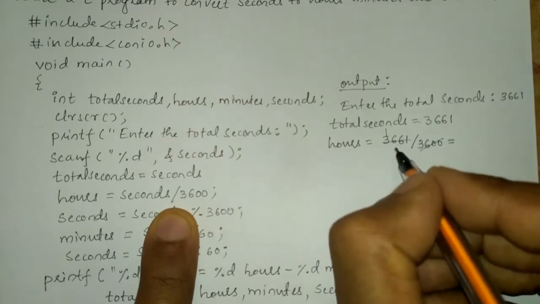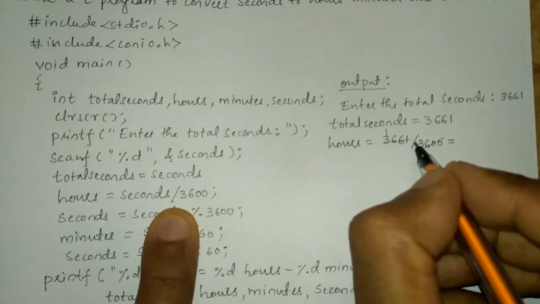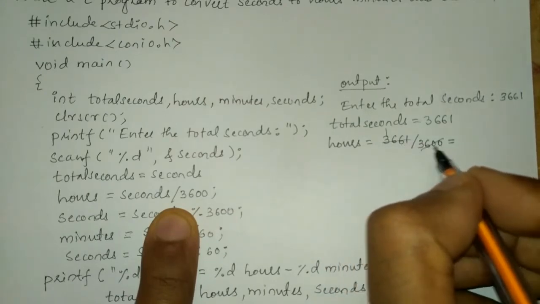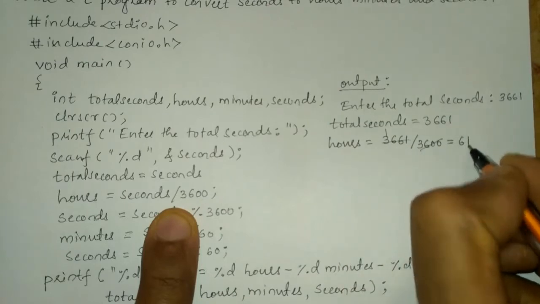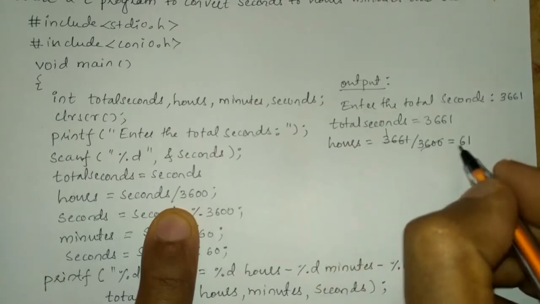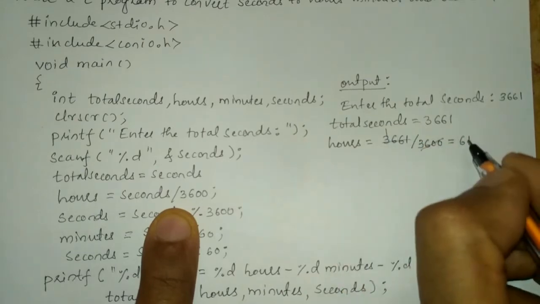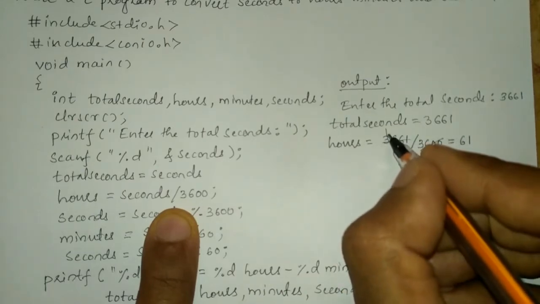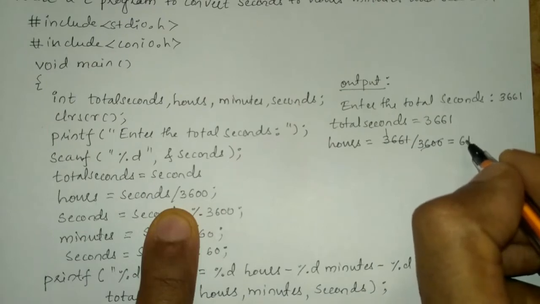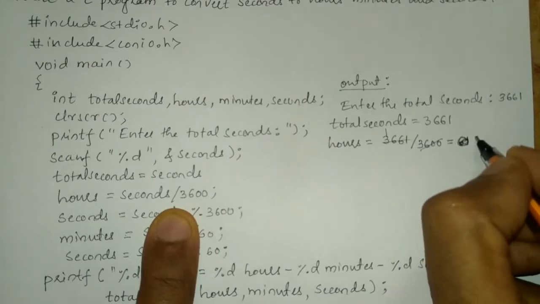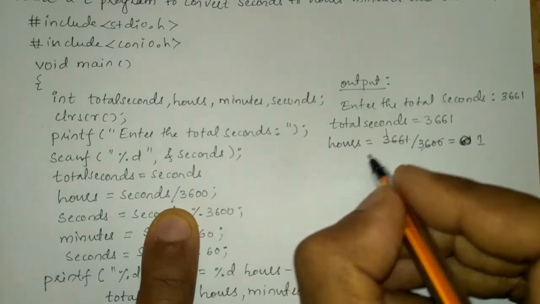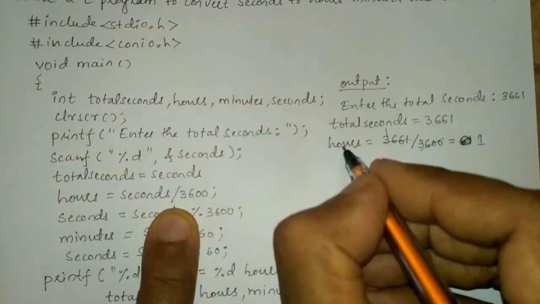So 3661 minus 3600 gives us 61. Correct? So here 61 is the remainder, but what is the quotient? We are going to get 1 as the quotient. So what do we need to write here? 1. So that is 1 hour. So this one is stored in hours.